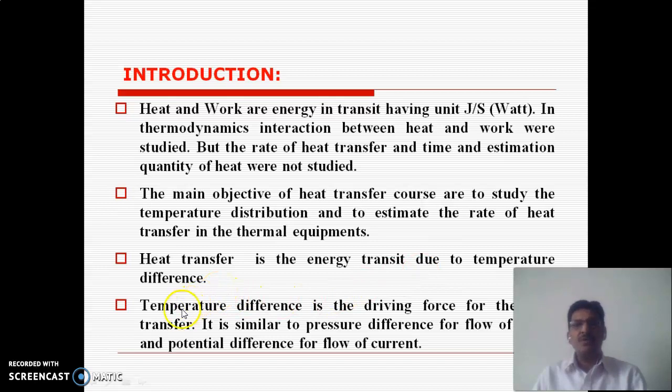Here you can see this temperature difference is the driving force for heat transfer. When there is a temperature difference, or delta T, there is heat transfer. It is similar to pressure difference for flow of water and potential difference for flow of current.